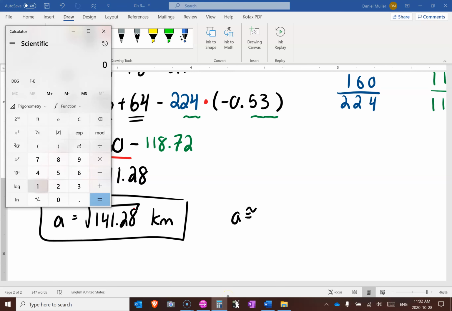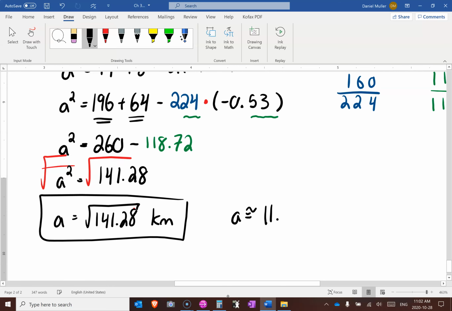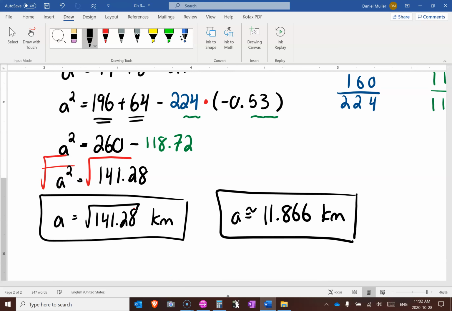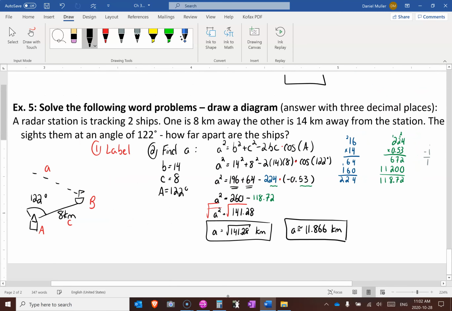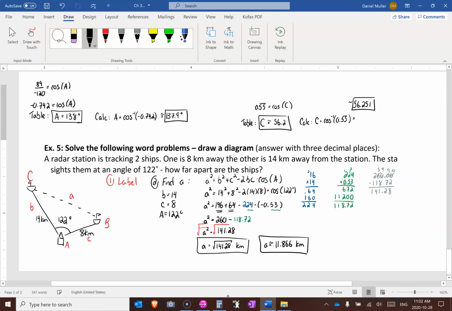The square root of 141.28 is 11.866 kilometers. So that's what it would be if you had the benefit of a calculator. I will just zoom out here in case you need to write any of this down. But that looks like it should be it for now.